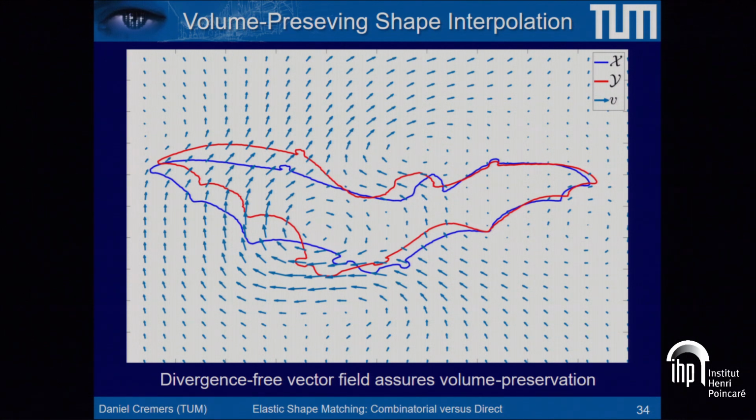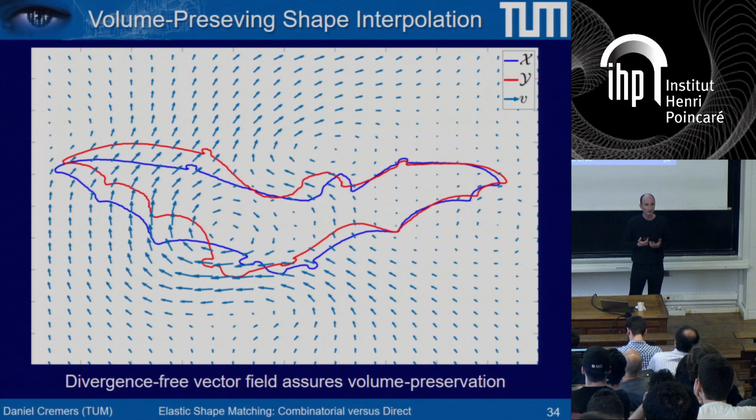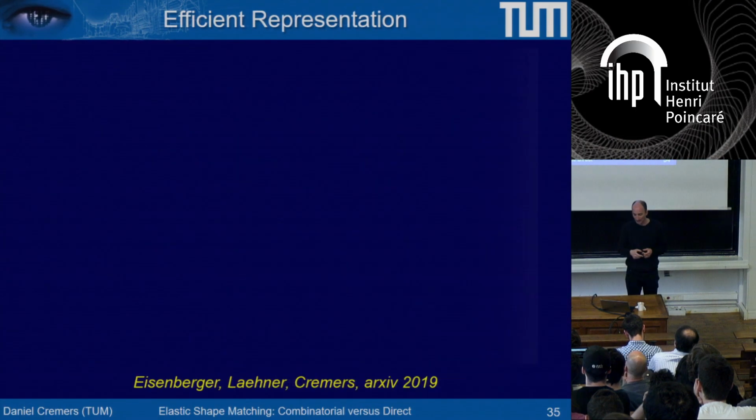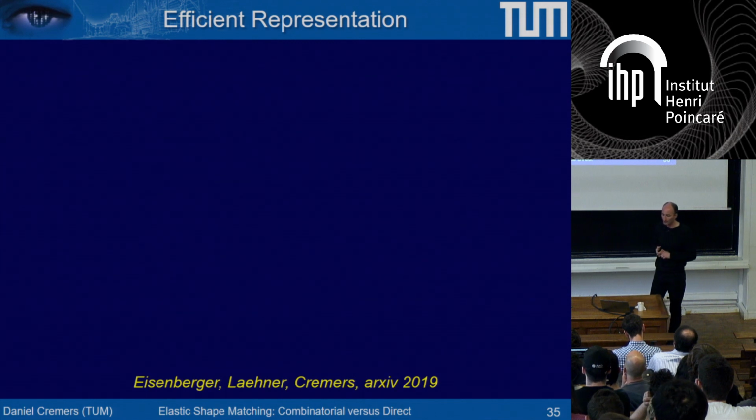You want a displacement or a deformation of the blue bat into the red one such that the volume is preserved over time. And once you assure that the vector field is divergence-free, meaning it has no sources or sinks, then that obviously preserves the volume. That's the first idea, volume preserving shape matching by imposing divergence-free vector fields.